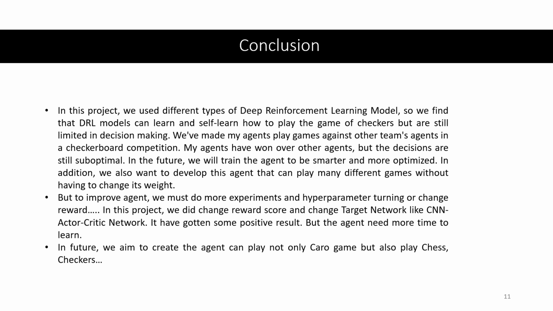This project trained the reward score and target network like the CNN actor-critic network. It has gotten some positive results, but the engine needs more time to learn. In the future, we aim to create an engine that can play not only Caro, but also chess, checkers, Sudoku, and many more.